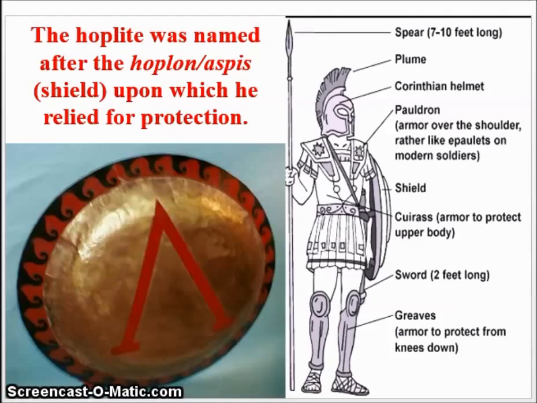But this type of shield would be worn on the left of the warrior who wielded it, and it would protect roughly half of the warrior, and would spill over and protect the right side of his neighbor. And this shield, of course, was heavy enough where a special grip called an Argive grip had to be developed in order for this to work.